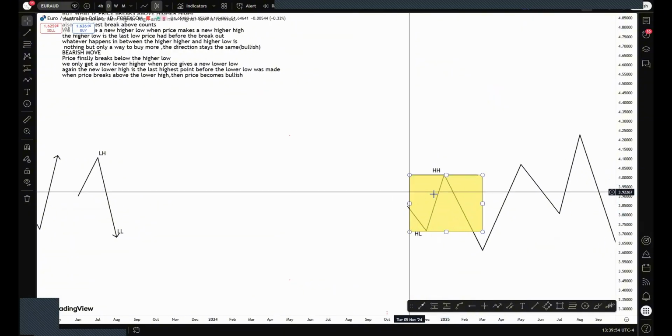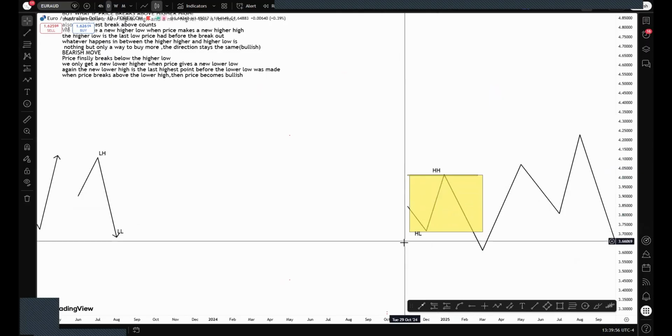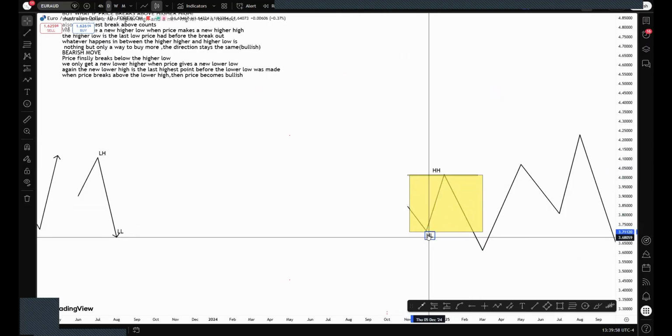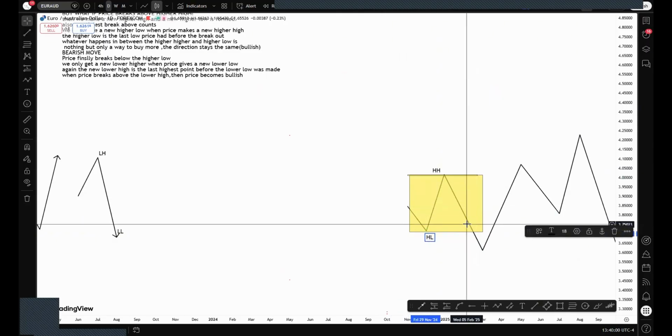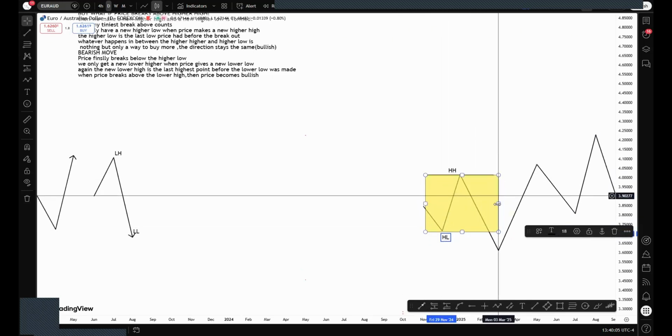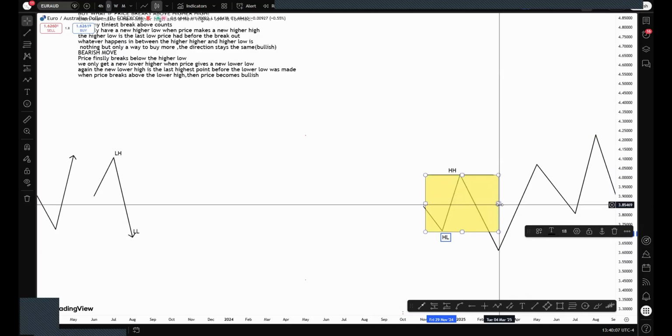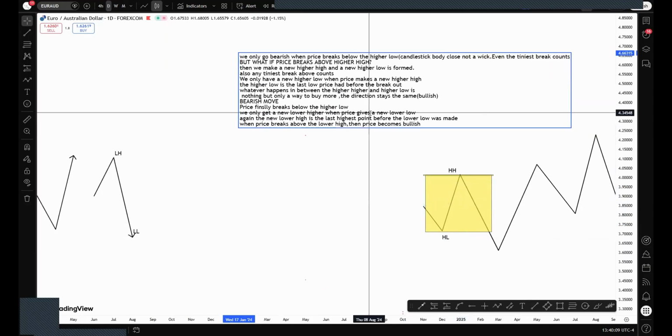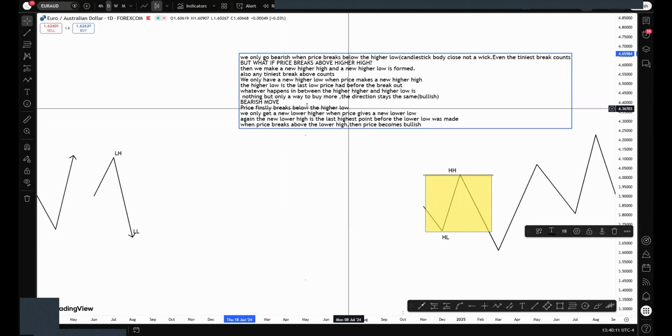right? So we are bullish in this time frame in this structure because this is our higher low and this is our higher high. And we'll only be bearish once what? Once price finally breaks the higher low.